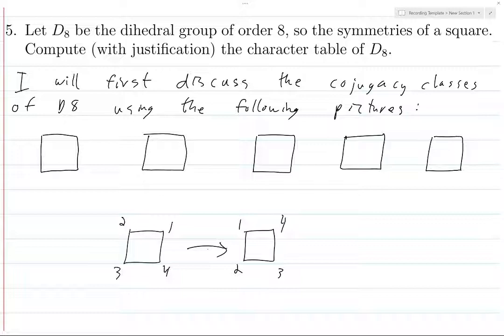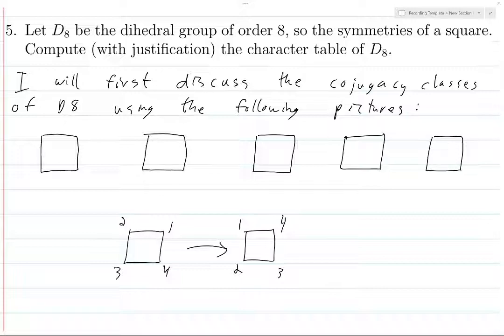So what that means is that you have a conjugacy class of just things that arise as rotating by 90 degrees, either forward or backwards, because in conjugacy classes you also have the backwards direction.